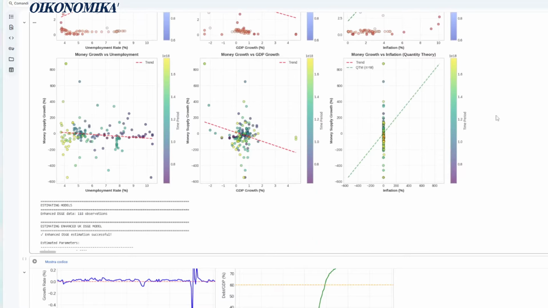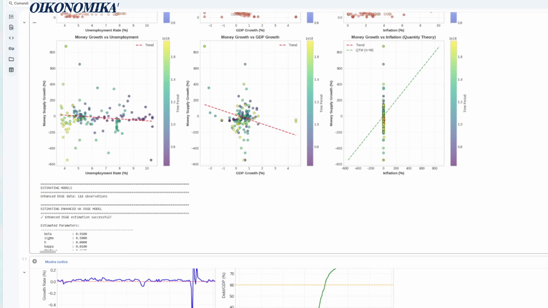Here we have the linear regression of money growth, money supply, and unemployment, GDP, and inflation. I don't know how precise these charts are, because the model had some issues drawing the data column of money supply.